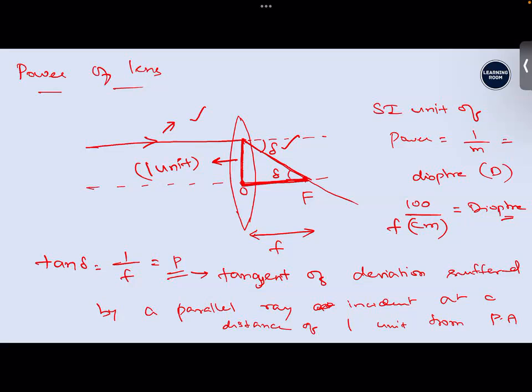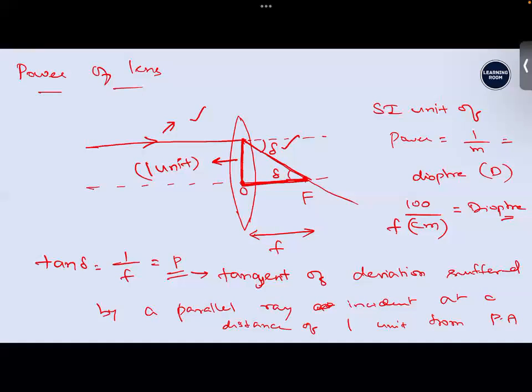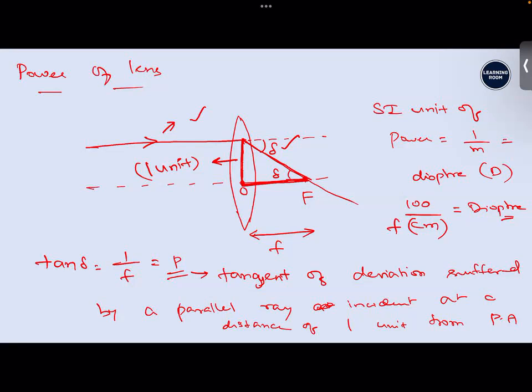So this is all about lens diagrams, lens formula, linear magnification of lens, and power of lens. One last concept left out with respect to lens is lens maker's formula, which will take at least 20 minutes for me to explain. Okay, I don't have time. So we have another class, right?